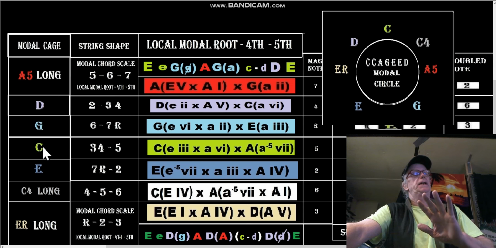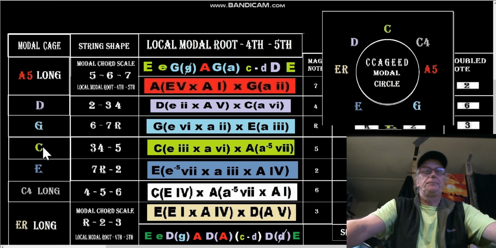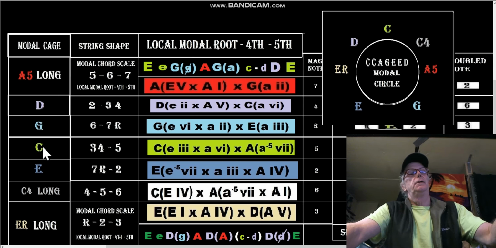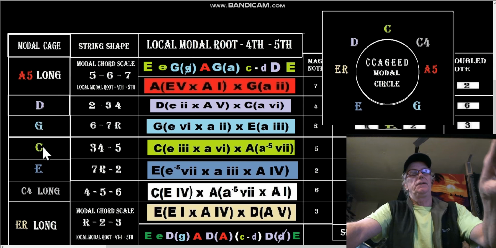Keep the B flat out of it, and also the other note that's a problem is the seventh. So, keeping the fourth and the seventh out of it, they're interchangeable. The fourth of the root is also the root of the fifth, where the root becomes the fifth.